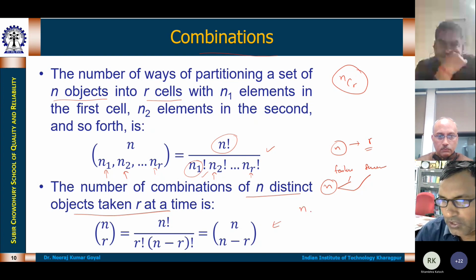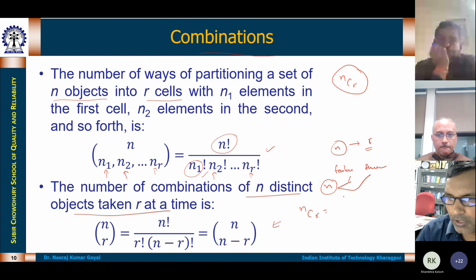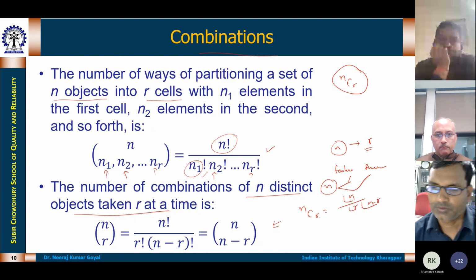Whenever n is there and we ask what are the possibilities in which r units can be in failure state, how many such combinations are there? nCr, right? Whenever I say r units are in failure state, then n minus r will be in success state, because units can have only 2 states. So this will be factorial n divided by factorial r and factorial n minus r, right?